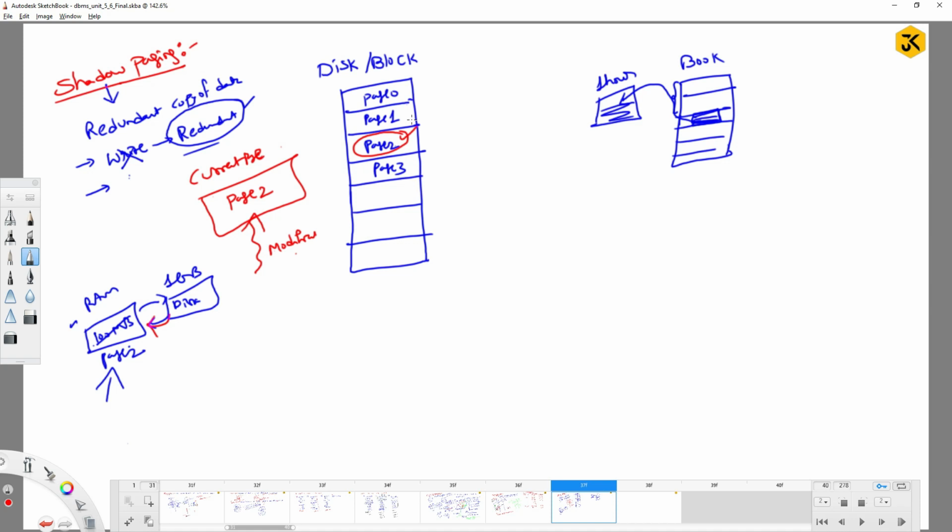Now, if I would like to perform some kind of rollback after modifying, what will happen? Again, it is going to take some time to get back to the old state.